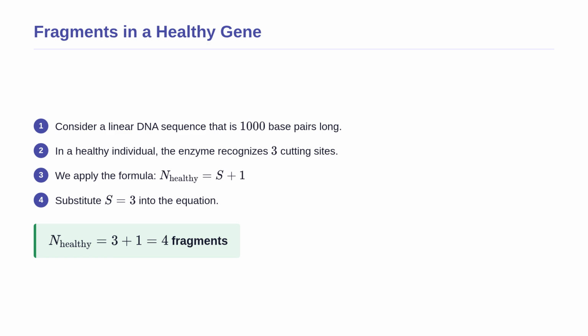We choose our fragment calculation formula because we are dealing with linear DNA. We substitute S equals 3 into our equation. Adding 1 to the number of cuts gives us the total pieces. The final answer is 4 distinct DNA fragments. Physically, this means if we run this healthy DNA in a lab, we will see exactly 4 separate pieces.